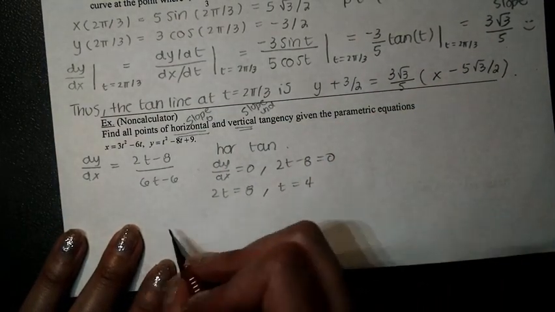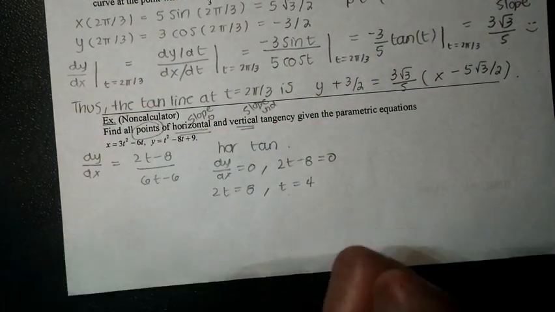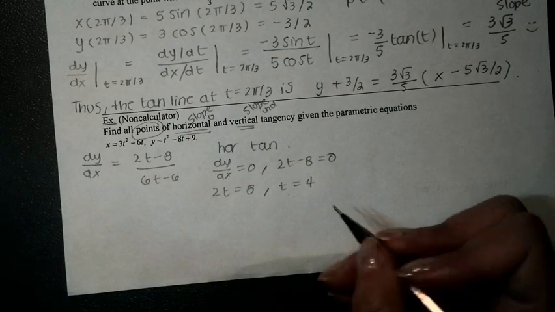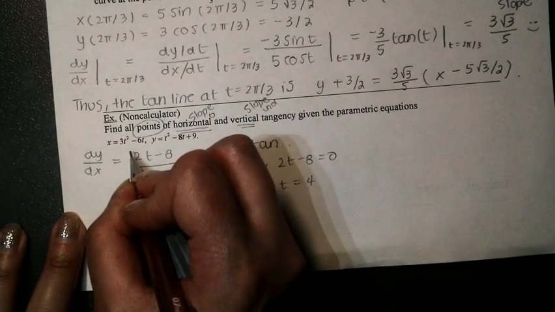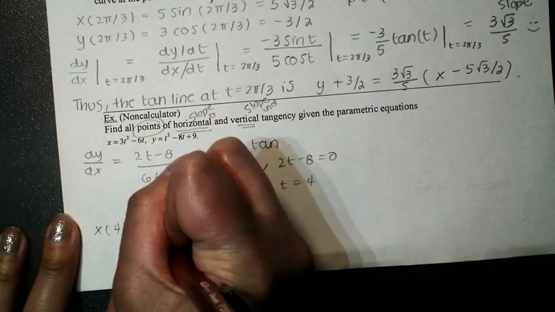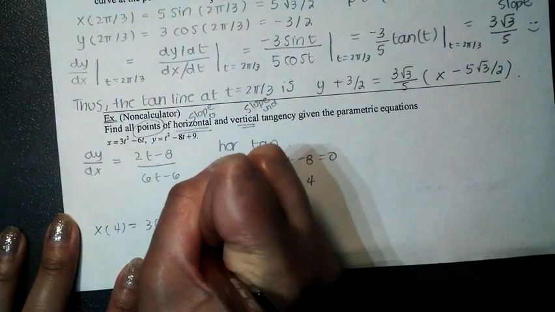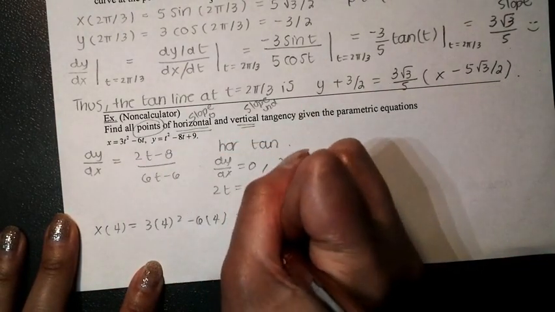That's not it, okay? They are asking about the points. So this is the value of the parameter, but what's your point? Well, you need to replug your value of t inside your expression. So x of 4 is going to be 3 times 4 squared minus 6 times 4, which is going to be 24.